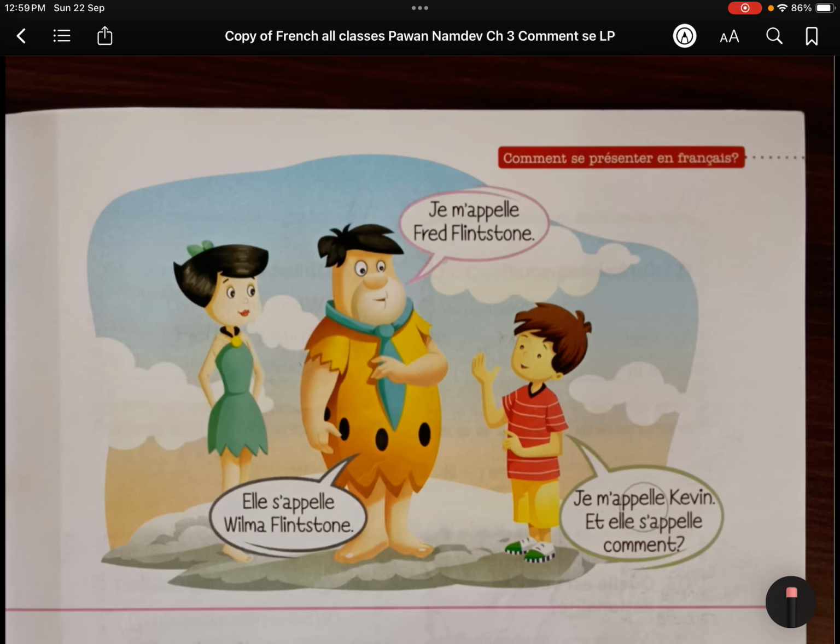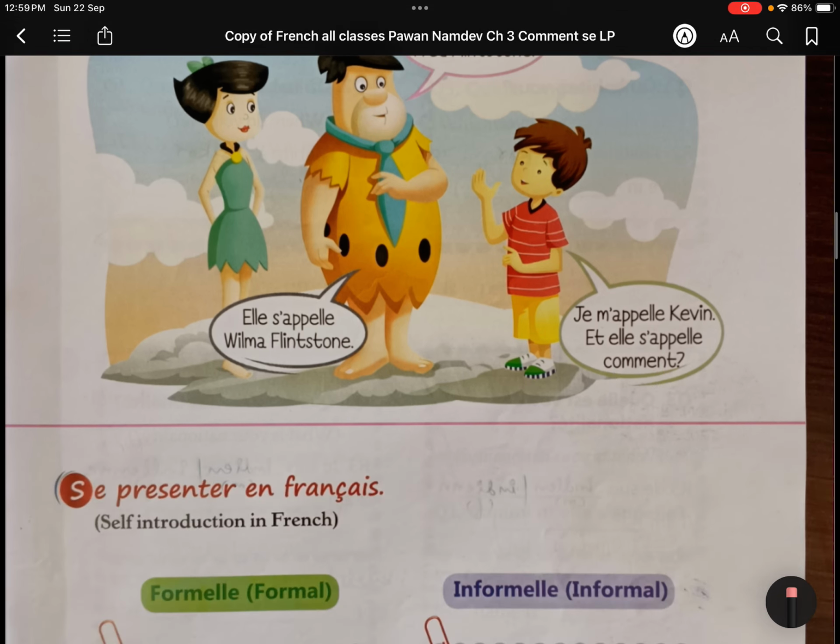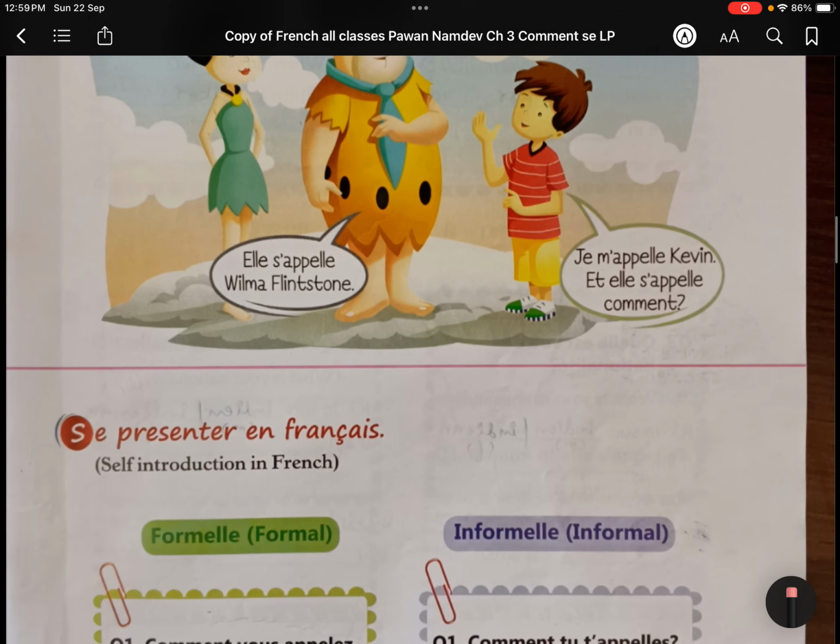Clear, guys? Je m'appelle Kevin. I call myself Kevin. Okay. Or Kavan. In, the sound of in is and A means and. Elle s'appelle. She called herself. Comment? Elle s'appelle comment? She called herself comment? So he's just responding Elle s'appelle Wilma Flintstone.